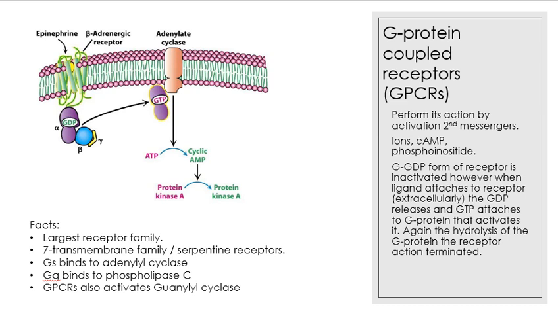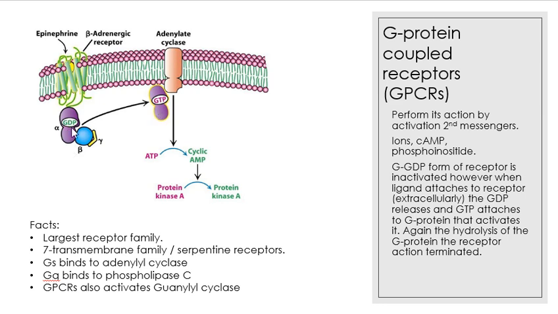So in this image you can see that when epinephrine binds to the beta adrenergic receptor, the receptor converts the GDP into GTP form.